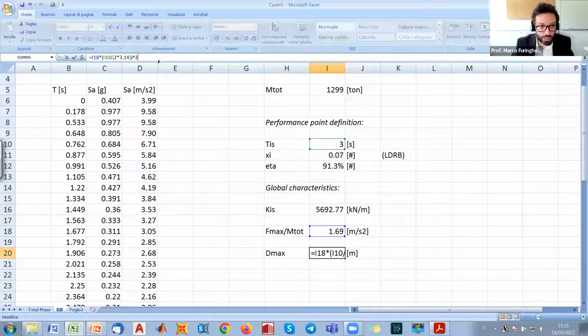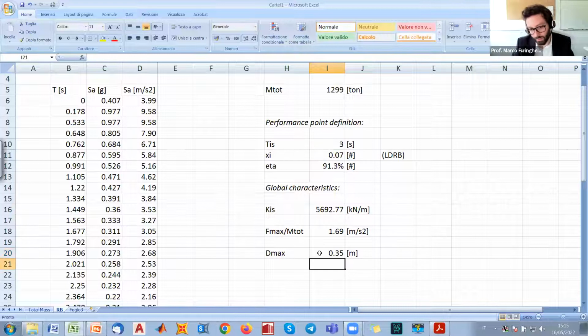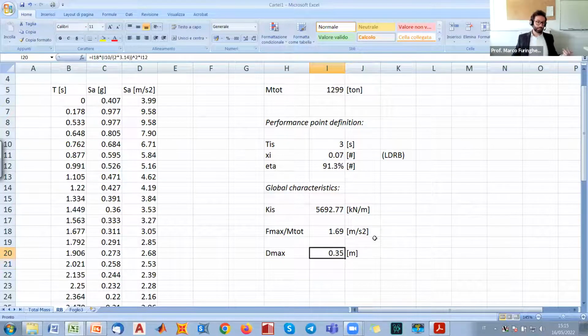So here we need to multiply times eta. Yeah, it is not that much lower with respect to the previous computations, simply because we have 7%, and 7% is quite close to 5%. But surely we will get the correct results for also the other typologies of isolation systems.